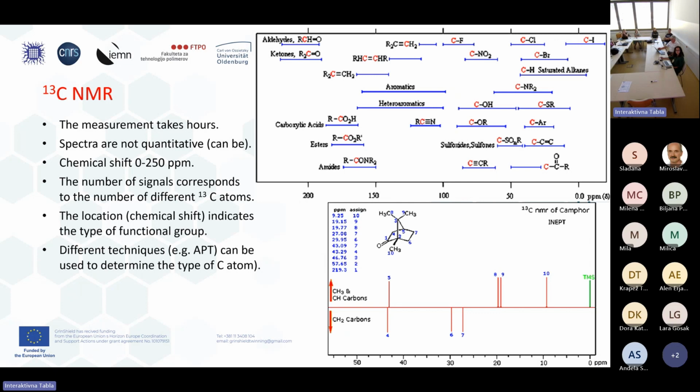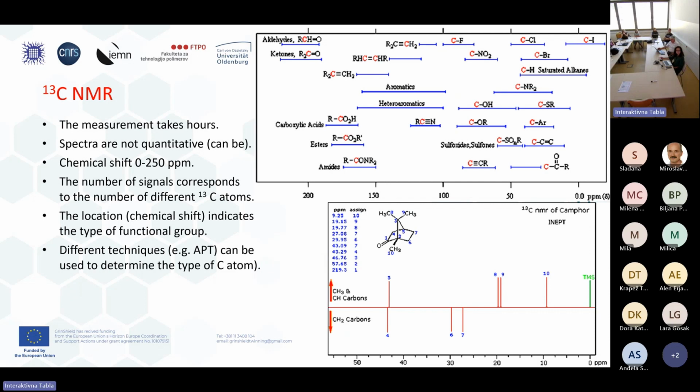For example, some time ago I measured a polymer with a C double bond S group, and this was totally not observed under the normal measuring conditions. So we had to change the measuring conditions. Then I finally saw a small peak, because the relaxation time of this CS group is so long that it's hard to see.